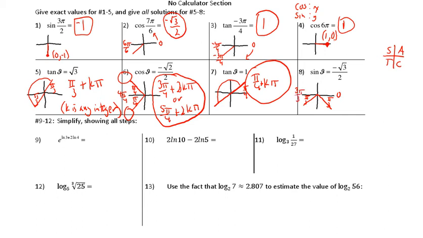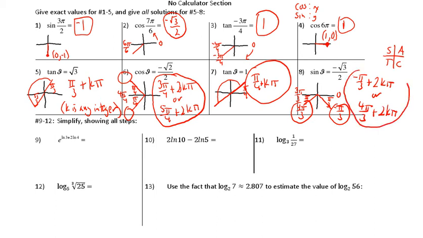So as a positive angle, this is 4 pi over 3. As a positive angle, this is 5 pi over 3, but I can also call it negative pi over 3 if I want to. And I could also call this one in the third quadrant negative 2 pi over 3 if I wanted to. Negative pi over 3 plus any multiple of 2 pi, and 4 pi over 3 plus any multiple of 2 pi. That's my complete set of solutions to that equation.